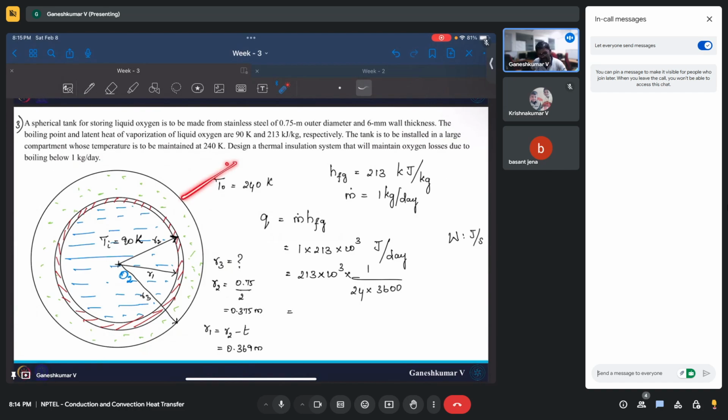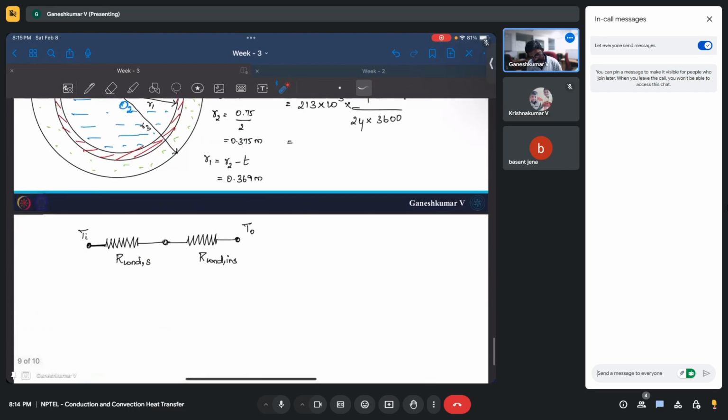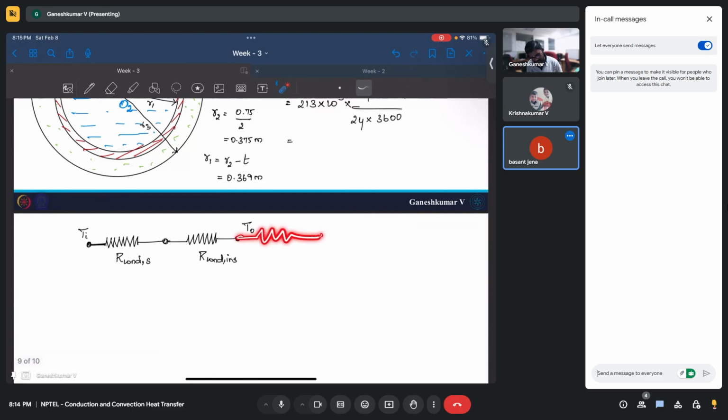It can also have some radiative heat transfer, and all these things are not given in this problem, so I'm refraining from using them. But if you have a convection from here, then you will additionally have an additional thermal resistance in the circuit. For simplicity, I'm just assuming that there is no convection around it.